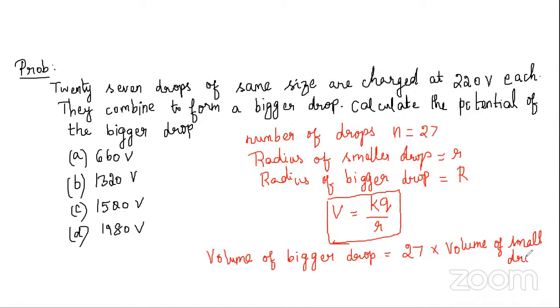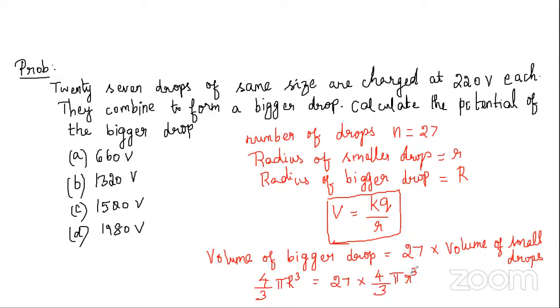The drop is in a spherical shape, that you all know very well. So the volume is 4/3 pi capital R cube equal to 27 into 4/3 pi small r cube.